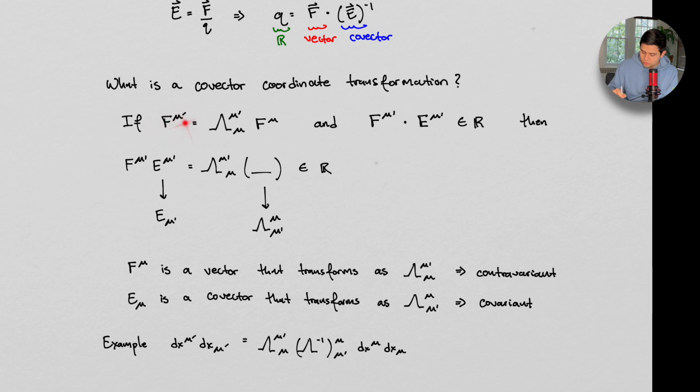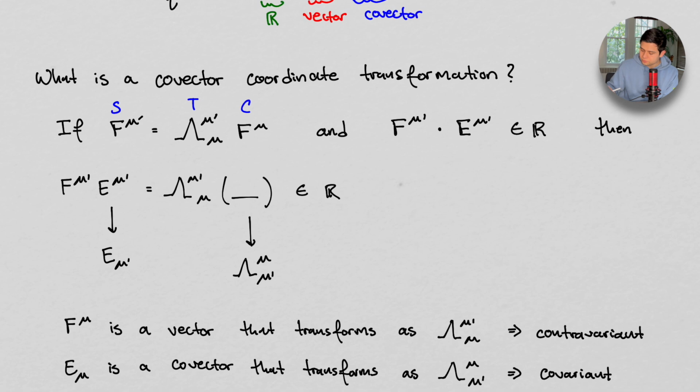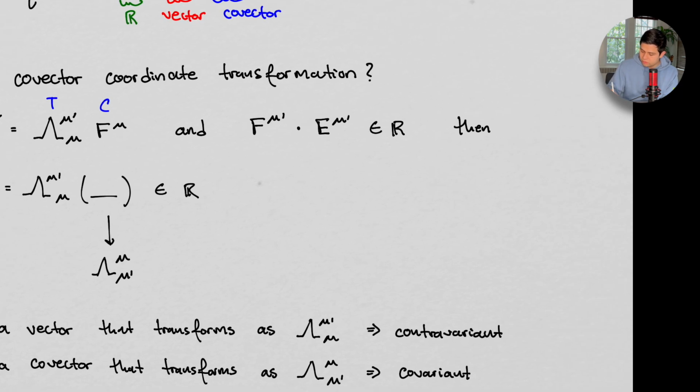f, our new coordinates in f, is equal to this transformation times the old coordinates in f, right? So suppose again, this is in our spherical coordinates, this is in our Cartesian coordinates, and this is that transformation. And f prime times e prime is r. It's a number, right?